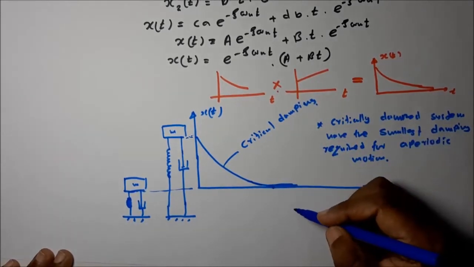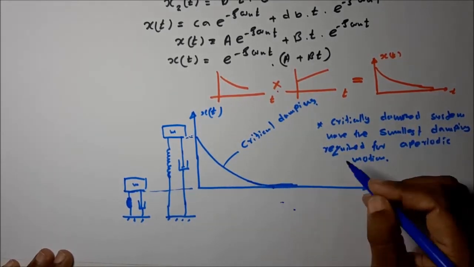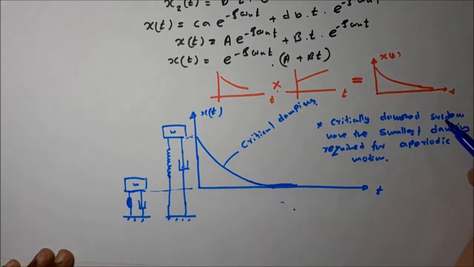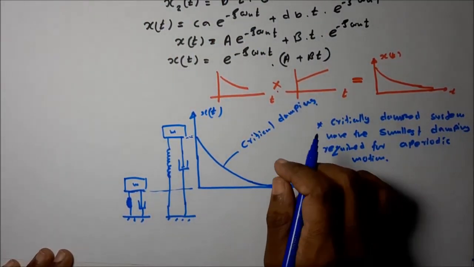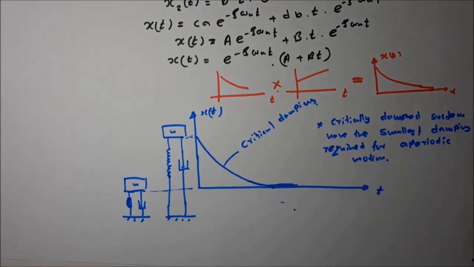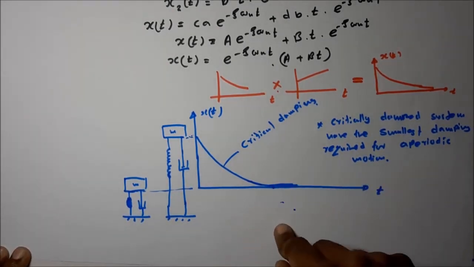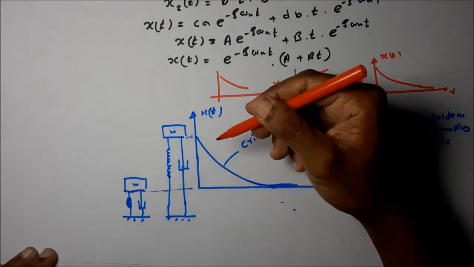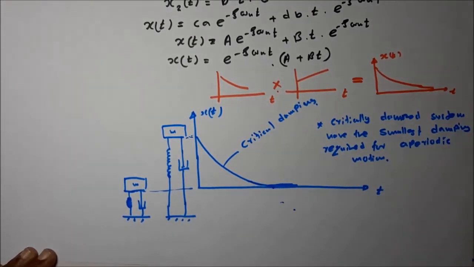It never goes to the negative side. When theta is equal to 1, it is called aperiodic motion. It does not produce an overshoot, meaning it does not go to the negative side of x. This is how the critical damping situation behaves.